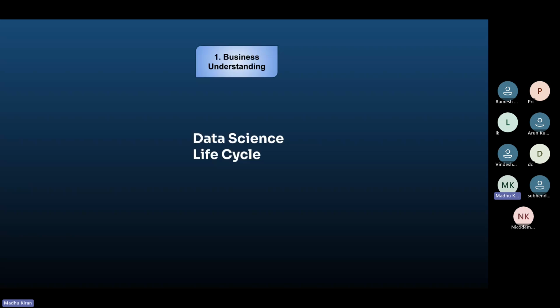The first step is business understanding. Every data science project starts with this first step, which means: what problem are we trying to solve, and what kind of problem is it?